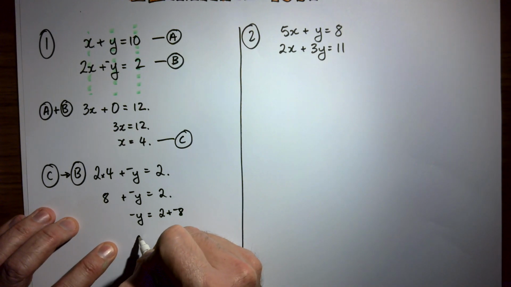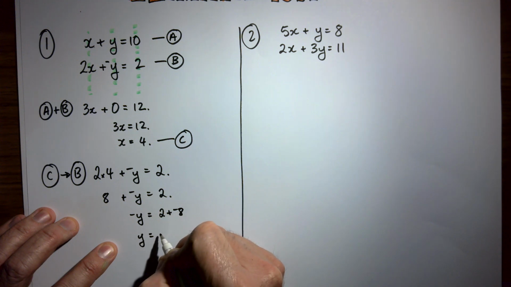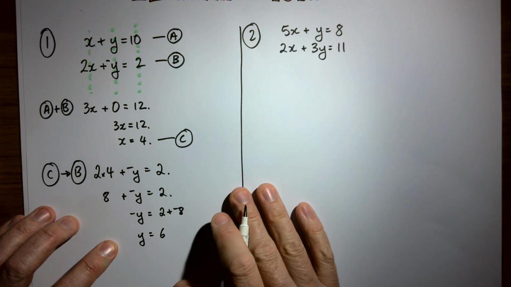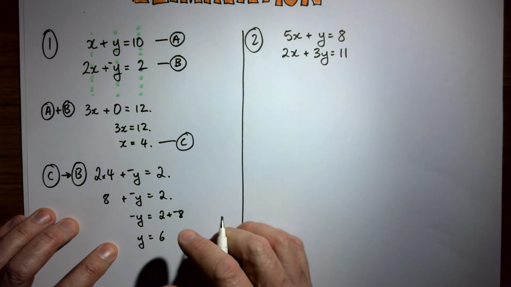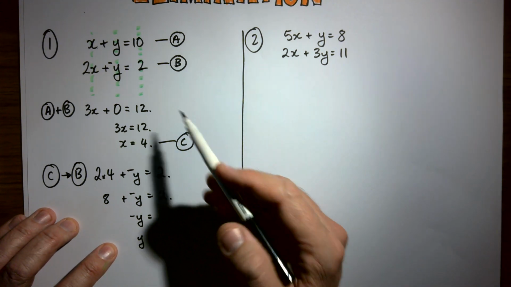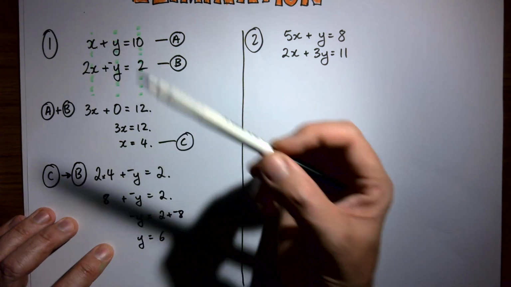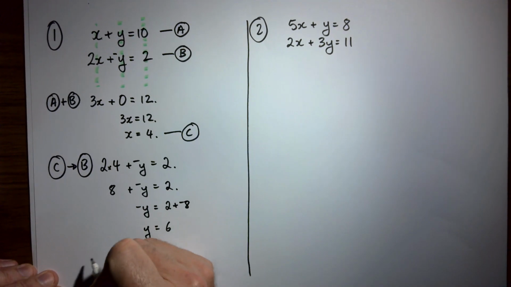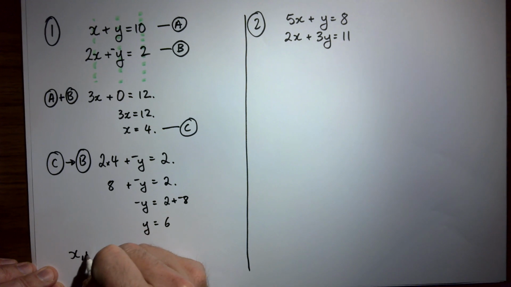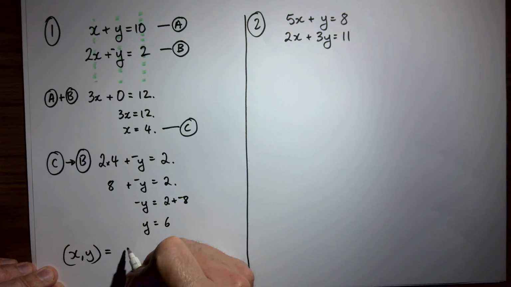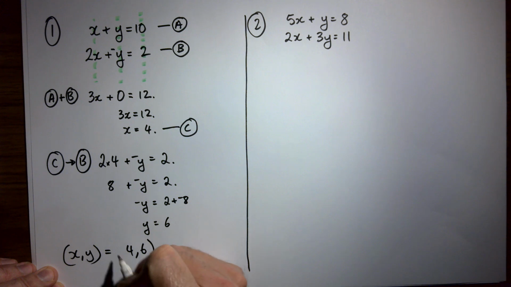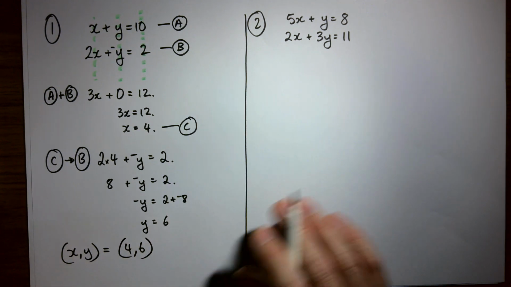And then that's Y equals 6. Does that work? I've got 4 and 6. Yep, 4 plus 6 is 10. Sweet. So at the end, like all of them, go XY equals 4, 6. Make sure you do that at the end.